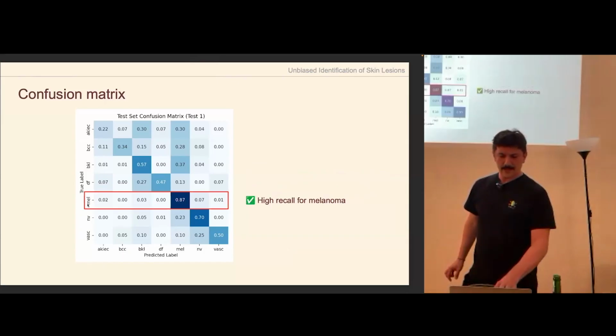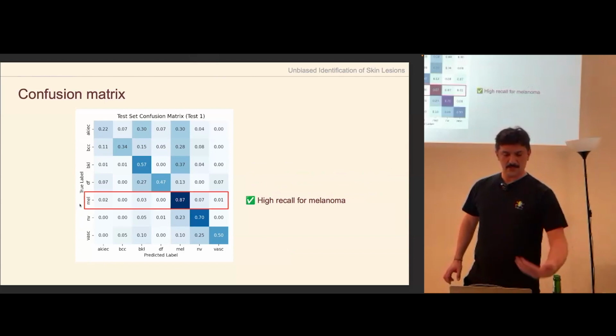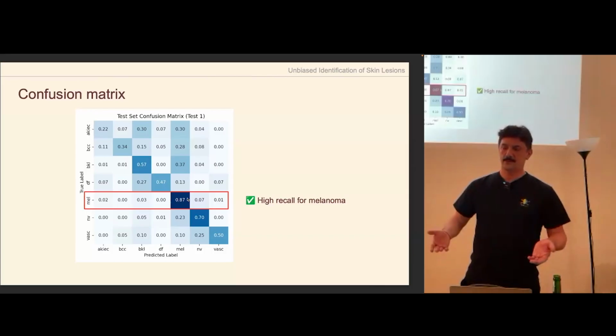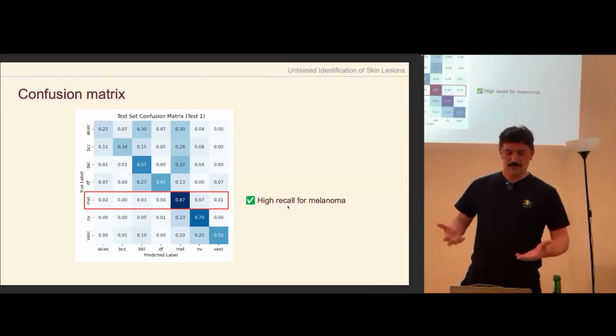Whenever there was a melanoma shown on the image, the model was actually pretty good at predicting that. In 87% of the cases, it predicted melanoma, and only in a few other cases it did not. This is called the recall. The recall of melanoma was pretty good.